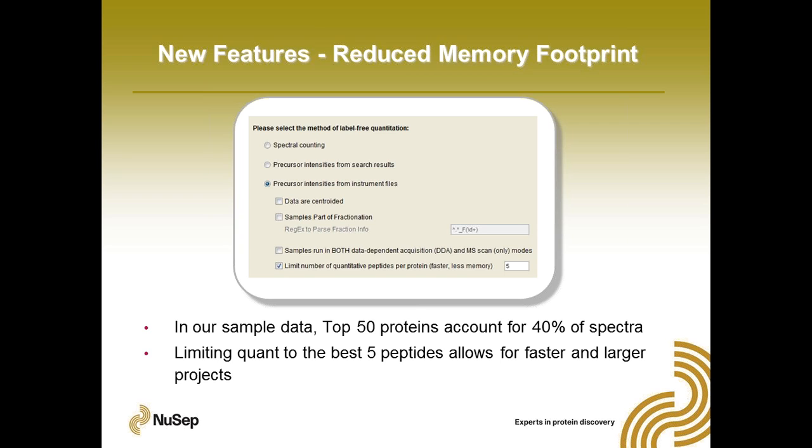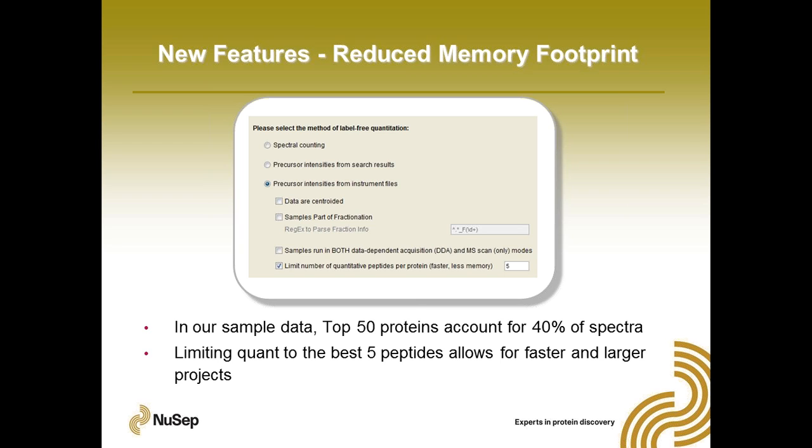Okay, thanks, Art. All right, so isotopic labeling and label-free quantification. Anytime you're dealing with the raw data or the instrument data for running large projects, it can be very challenging. So we needed to come up with a solution, or at least a temporary solution, for dealing with those type of results. And this concept comes from the fact that anytime you're analyzing a natural sample, typically the most abundant proteins are going to make up most of your sampling.